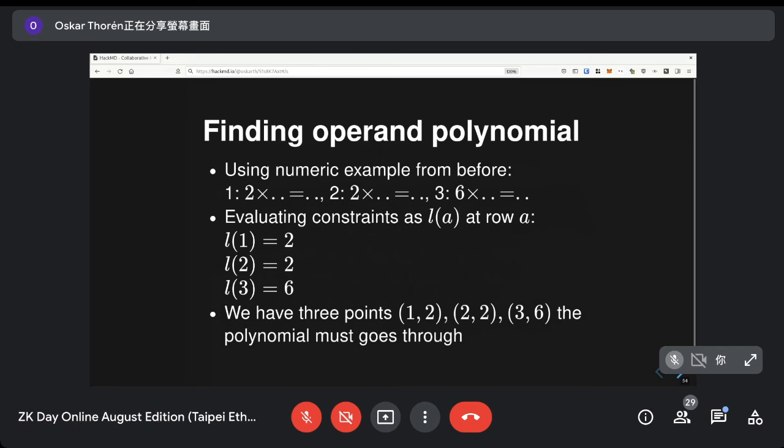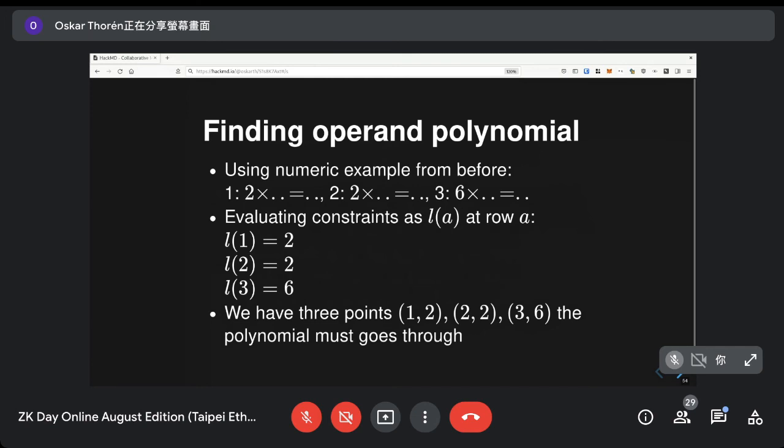We're essentially looking for a polynomial L that represents the left operand at each row. For example, L of 1 is 2 because the first row has the value 2 in the left position. We do this for each row, and this gives us 3 points. These are the 3 points that the polynomial we're looking for must go through.